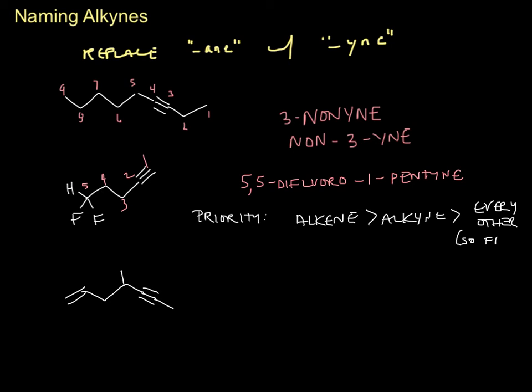There will, of course, be functional groups that are higher in priority, but at this point all the other ones that we've done would be grouped together below that. Because the alkene is higher priority than the alkyne, we would want to number from the carbon closest to the highest priority functional group, which is in this case the alkene. Therefore the numbering would start over here.